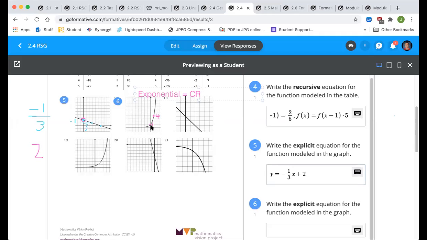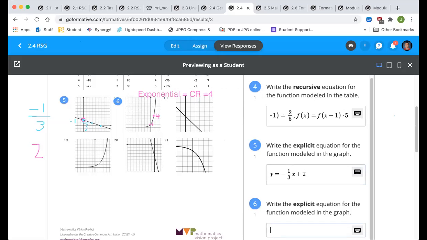So we need to figure out, what do we multiply 1 by to get 4? 1 times 4 is 4. So our common ratio is 4. So we're starting at 1 and it's multiplying by 4 each time.